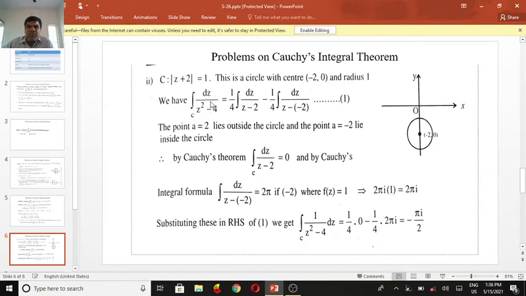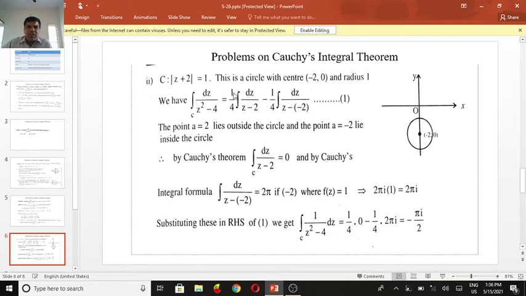Integral of dz by z square minus 4. Instead of z square minus 4, we can write z minus 2 into z plus 2. Again, using partial fractions, you find the values of a and b.